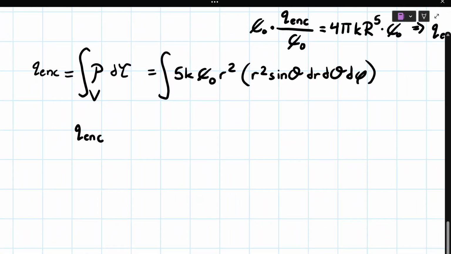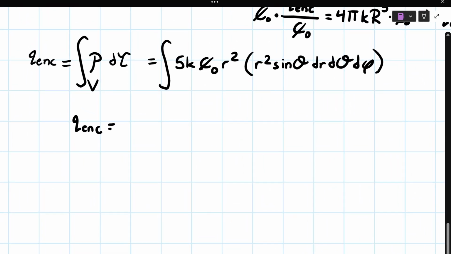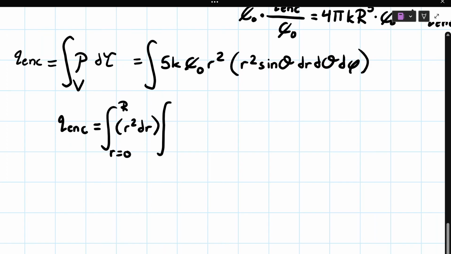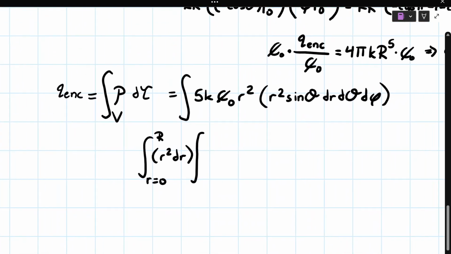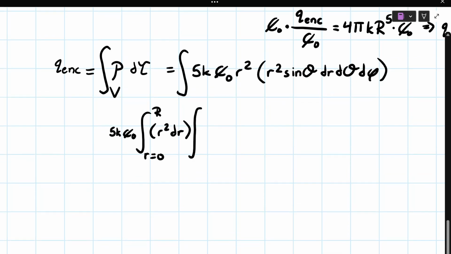So once again, q enclosed equals our three things here. We have r equals 0 going to capital R, and if we combine all our r's and pull them, we have r squared here and dr, so r squared dr. Then, gotta remember to put our constants out first, right? The constants for this one are 5k epsilon naught, so let's pull all those out. 5k epsilon naught, okay?